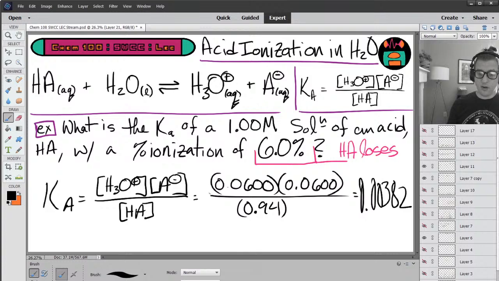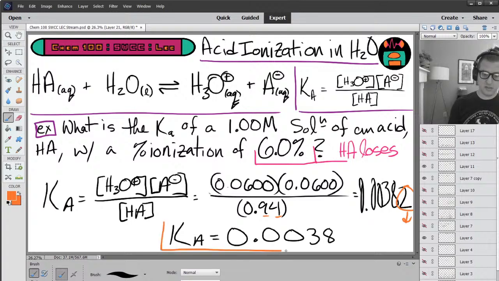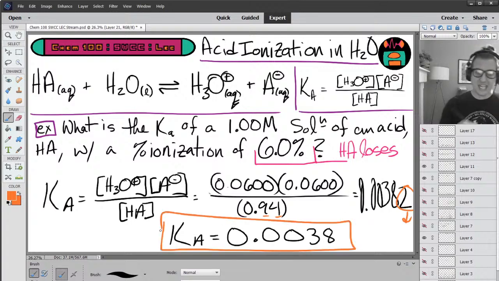I can stop there because I have to round to 2 sig figs and 2 rounds down. So my final answer, the value of Ka is 0.0038. That is the acid ionization constant for HA in this problem.